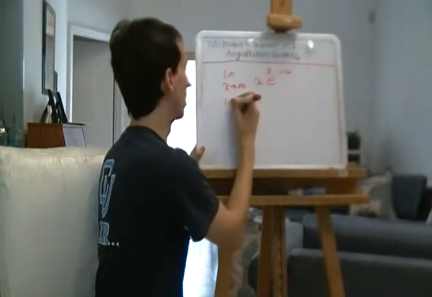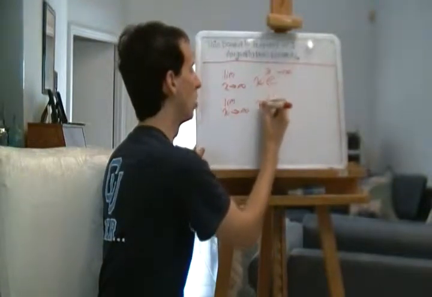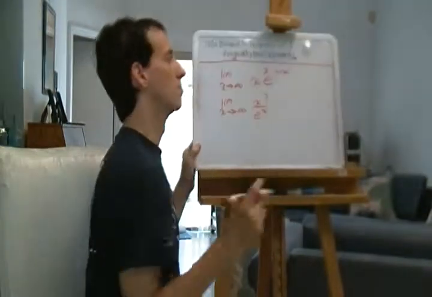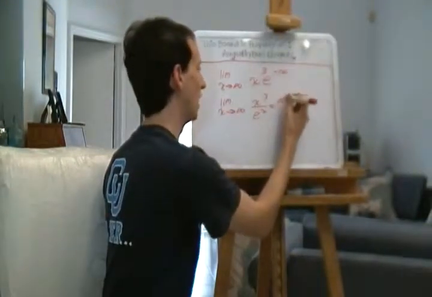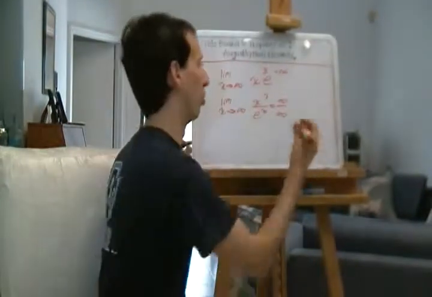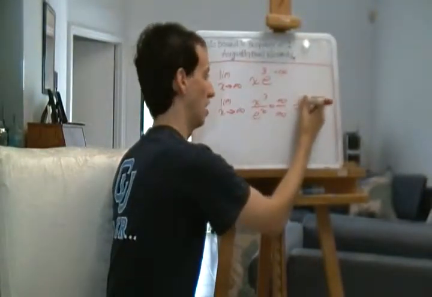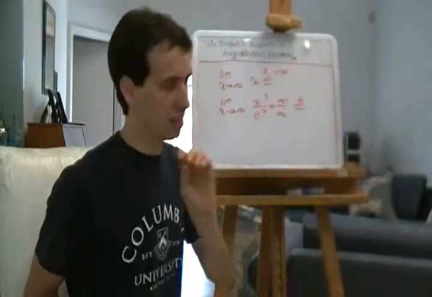Let's set this up as the limit as x approaches infinity of x cubed over e to the x. Now let's try direct substitution, and we get infinity over infinity, so now we can use L'Hopital's rule. We differentiate the top and then the bottom.